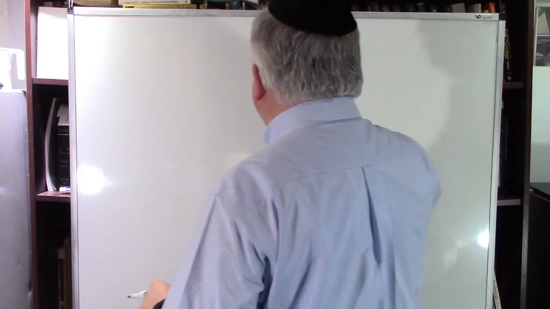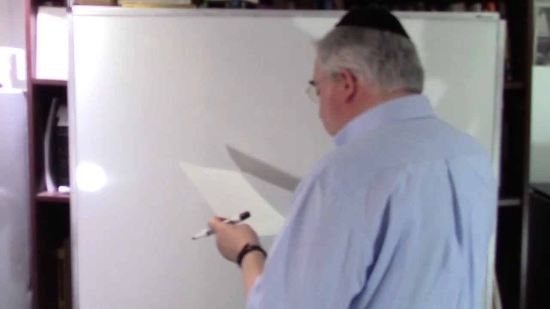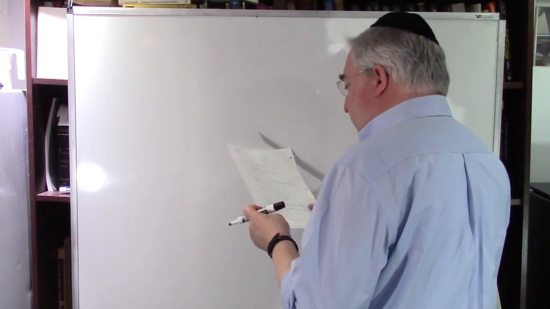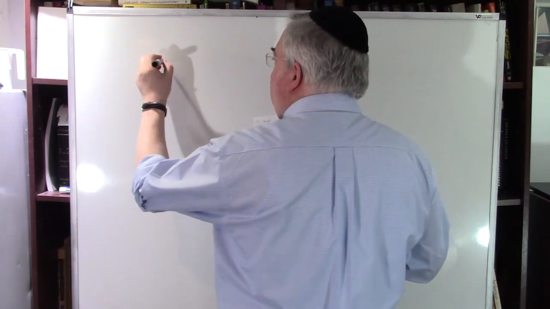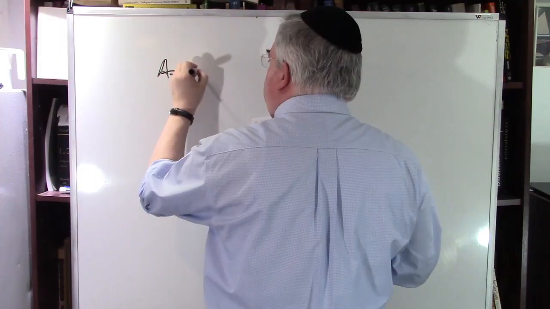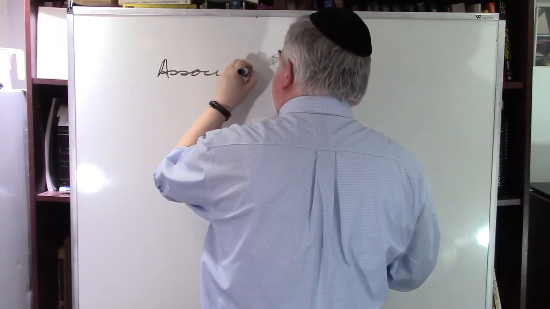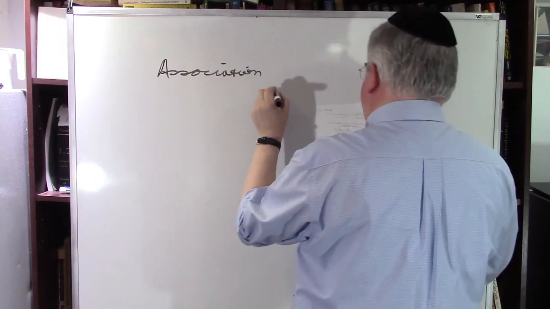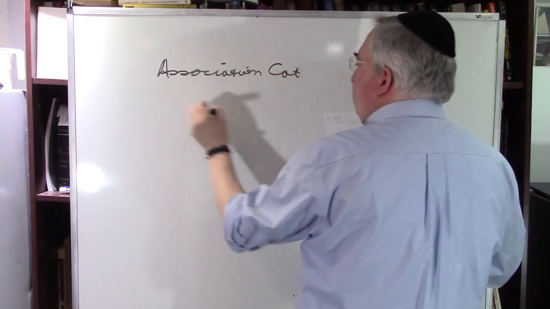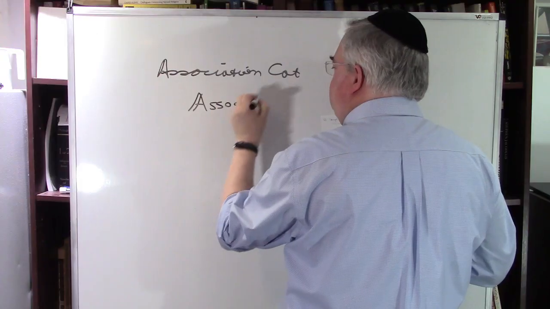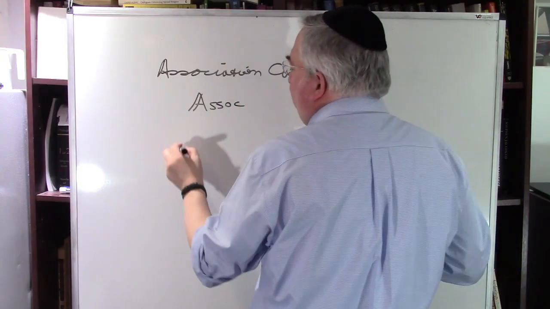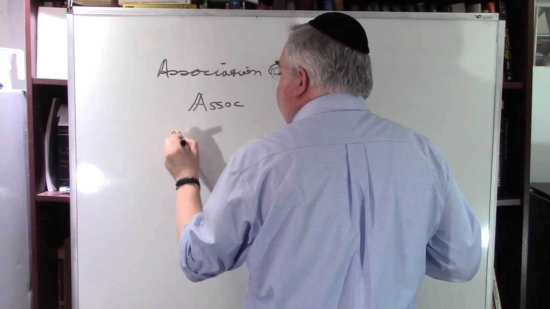Now that we have all the definitions straight, let's get busy with two other interesting, important categories. Okay, one is called an association category. We write this as ASSOC, and this is going to be the paradigm of all monoidal categories, just monoidal.